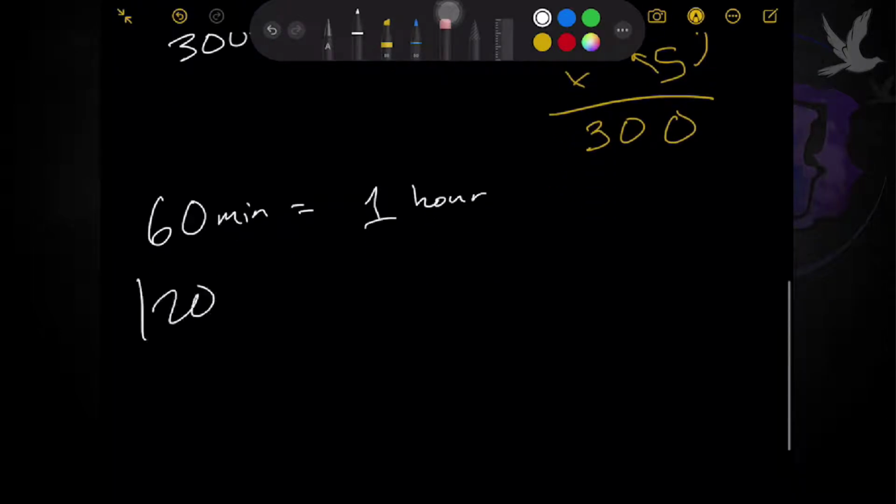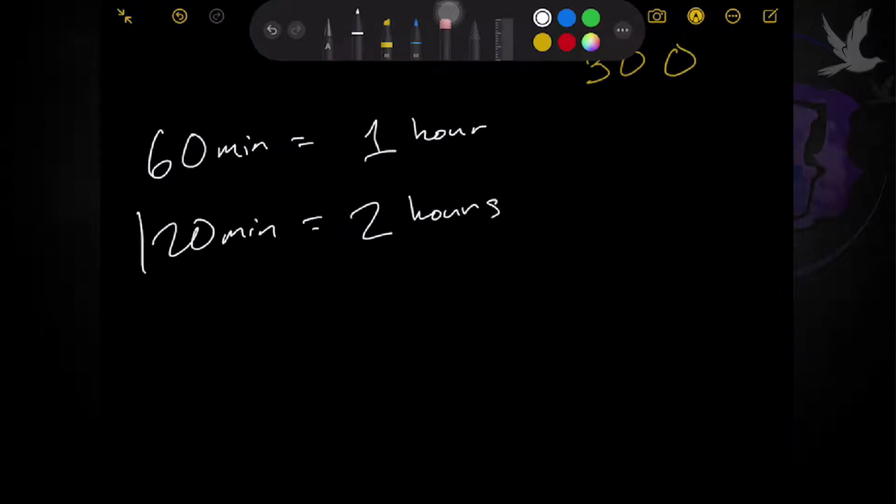So if there's 120 minutes, that's equivalent to 2 hours. Okay. Now, how do you find out, kung for example, ang hinihingi sa inyo is, kunwari, 240 minutes. How will you be able to find it in terms of hours?